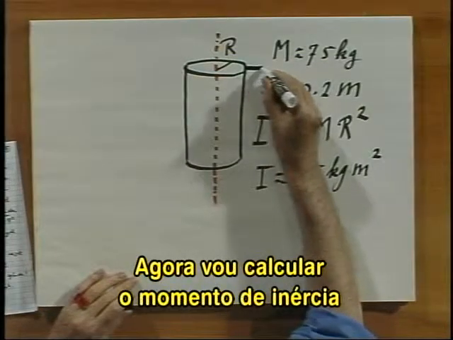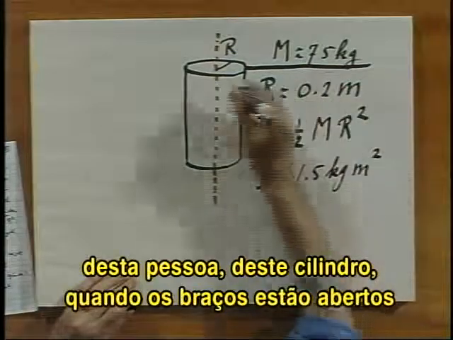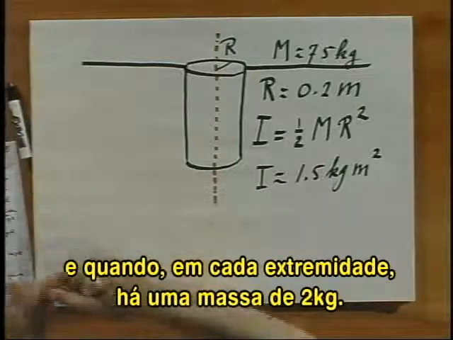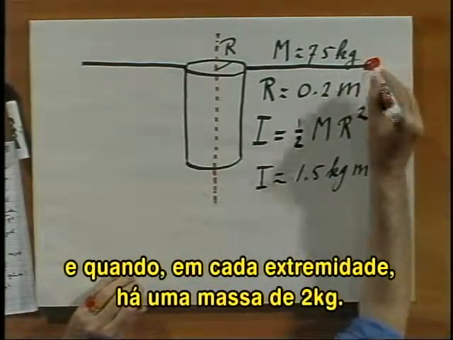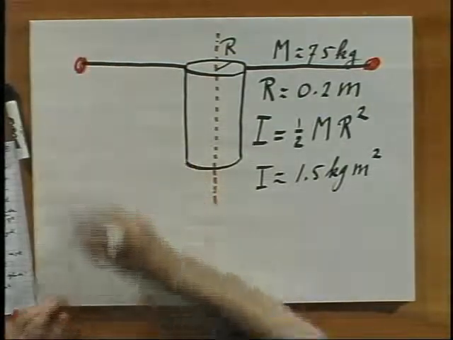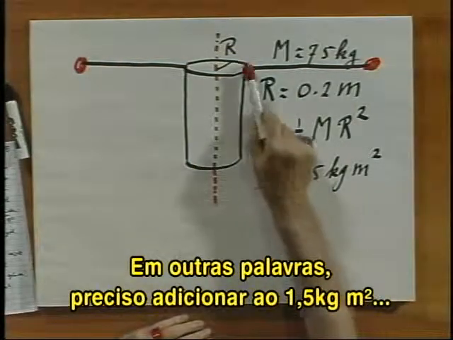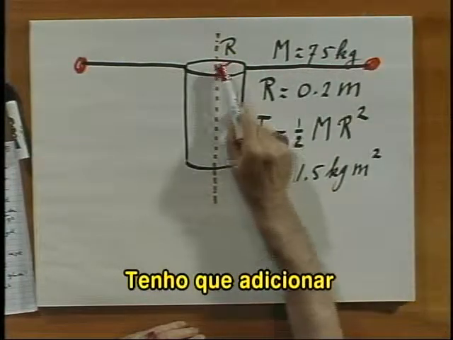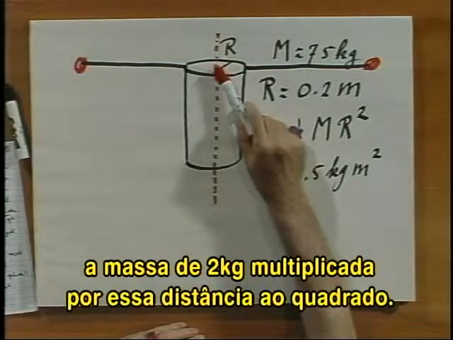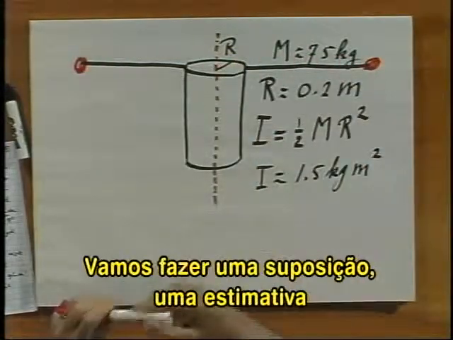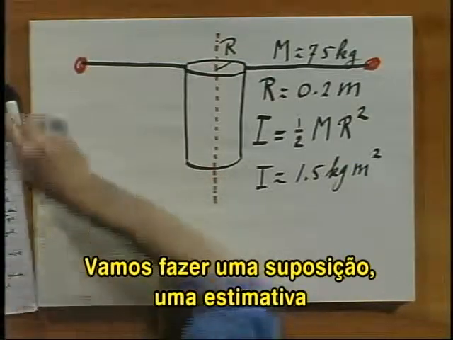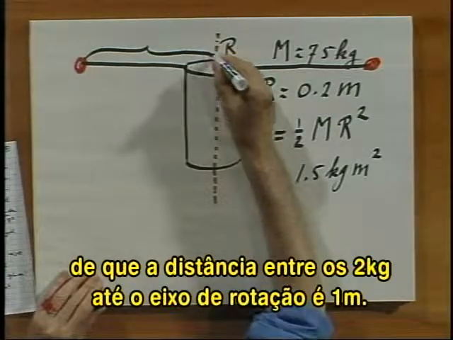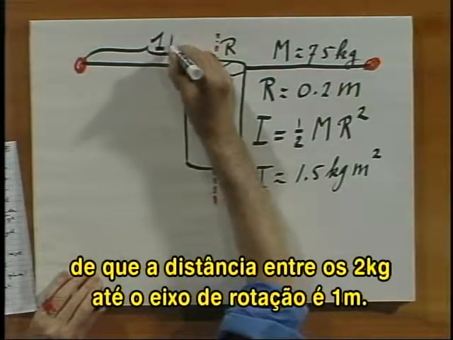Now I'm going to calculate the moment of inertia of this person, of this cylinder, when the arms are stretched and at both ends of the arms is a mass of 2 kilograms. In other words, I have to add to the 1.5 kilogram meters squared the mass of 2 kilograms times this distance squared, and we will make an estimate that the distance from the 2 kilograms to the axis of rotation is about 1 meter.